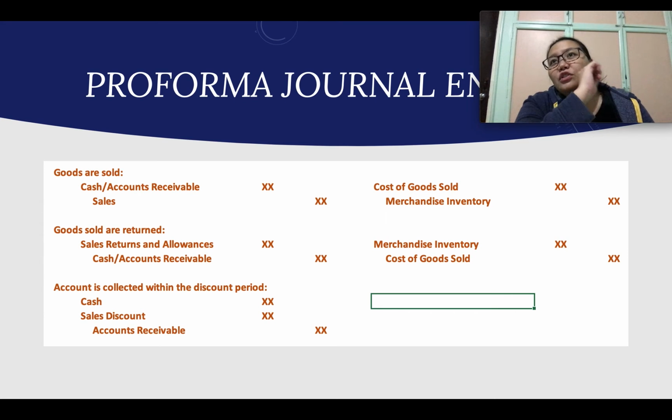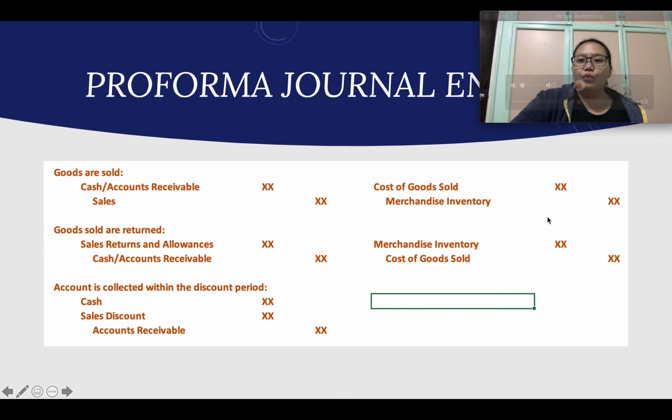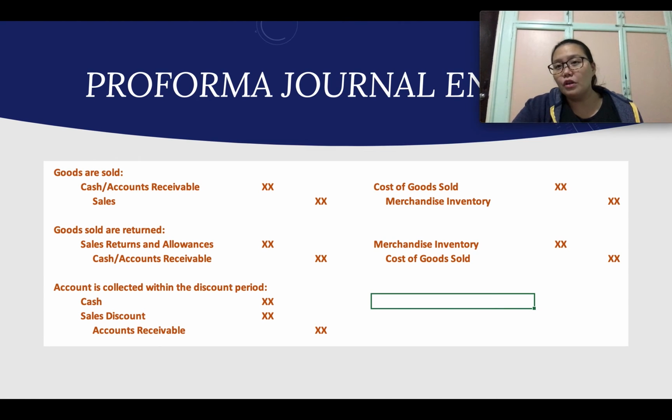So the reason why we can immediately get the cost of goods sold and the merchandise inventory figure under the perpetual inventory system is because we constantly update our cost of goods sold and merchandise inventory whenever we sell goods. Remember, in periodic, we utilize the purchases related accounts. We do not do anything with the merchandise inventory account, and we do not record CGS.